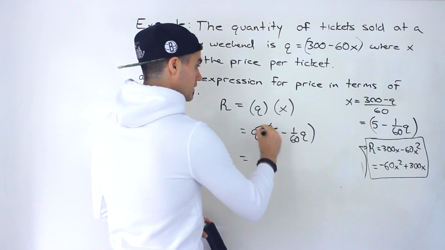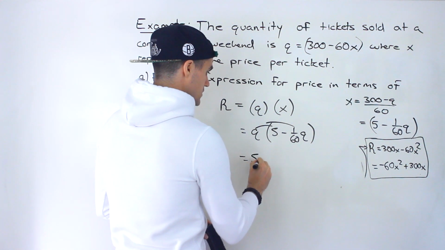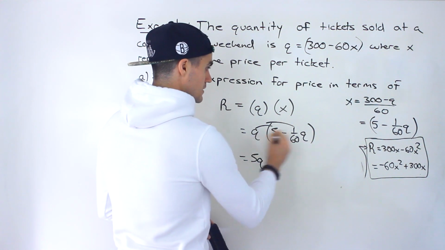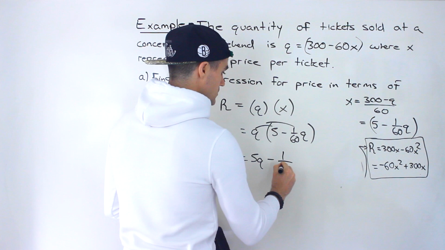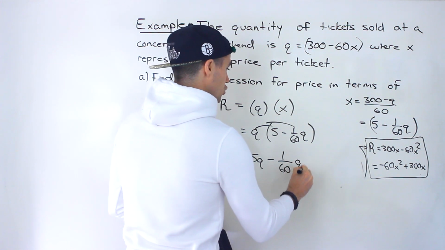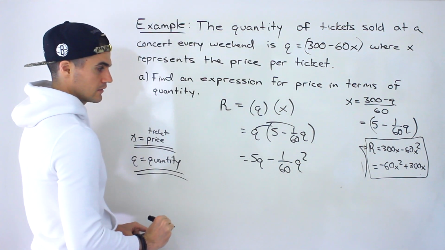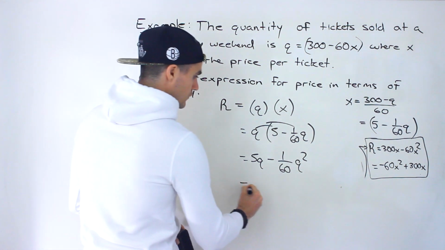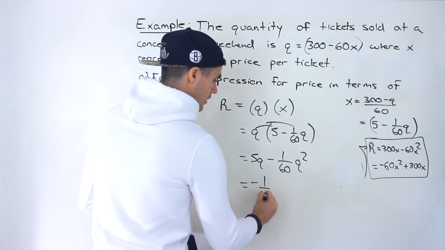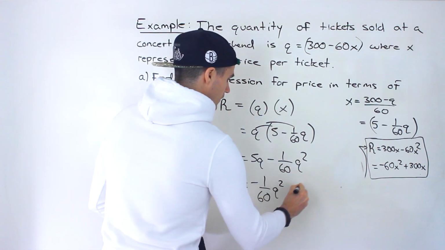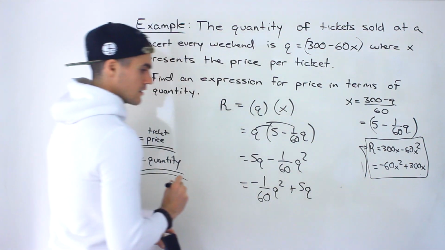And expanding it, 5 times q is just 5q, and then the q squared, so it would be minus 1 over 60 q squared, like that. Or if you want to rearrange it, that's another way.